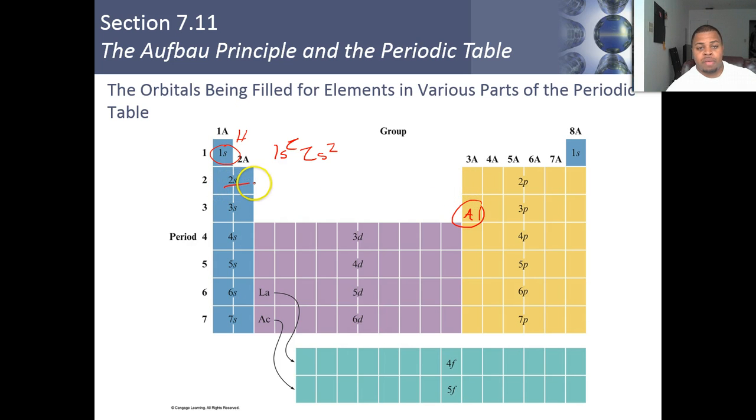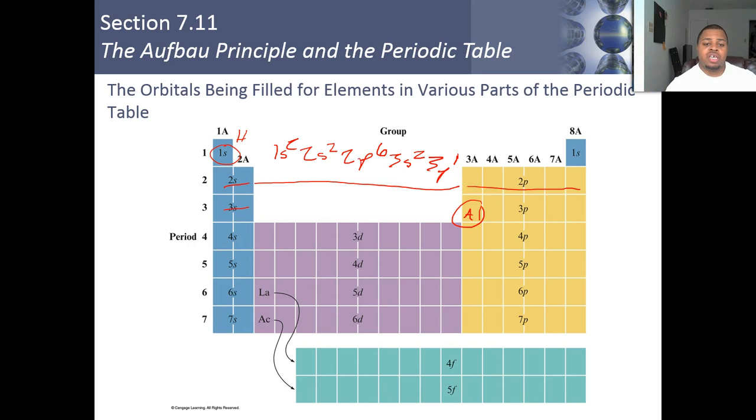I'm now going from here into my p orbital, still in the second level though, so 2p, and I have to go all the way through 6. Change energy levels, s orbital, 3s2, because I have to go through both, and all the way to here, 3p1. Now, what I've done effectively is map out where each of these electrons are most likely to be found, giving you an idea of the neighborhood of where the electrons hang out.